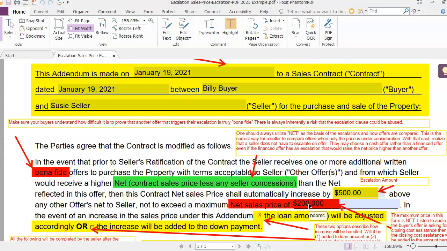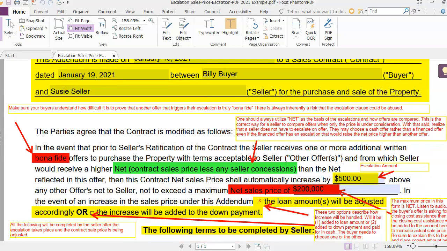So 190 minus 5,000, 185 was your net. If you went to escalate, and it ended up that your net of 200 won the day, the actual sale price is going to be 200 plus 5,000, because we're talking about a net figure here. Just realize that. It's the only way to do it.